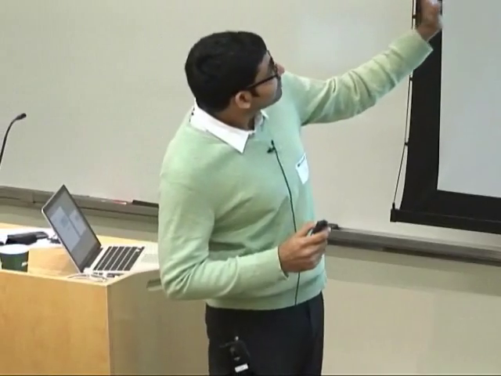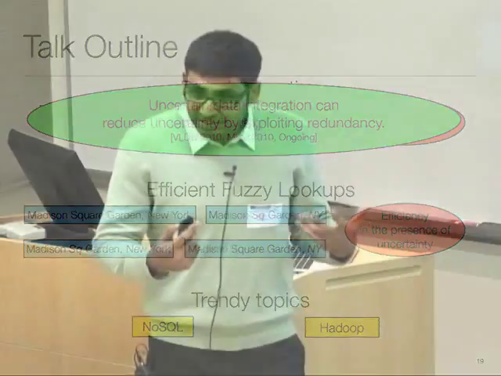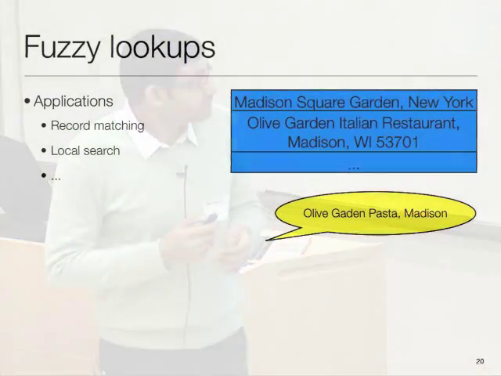So fuzzy lookups is the topic of the second part. I'll skip through this slide. The challenge here will be dealing with efficiency in the presence of uncertainty. So think of this part as the bottom part, which will define the semantics, which was the top part in our possible worlds a priori, and try to see how we can represent and efficiently execute those semantics in the lower part, the possible world part.